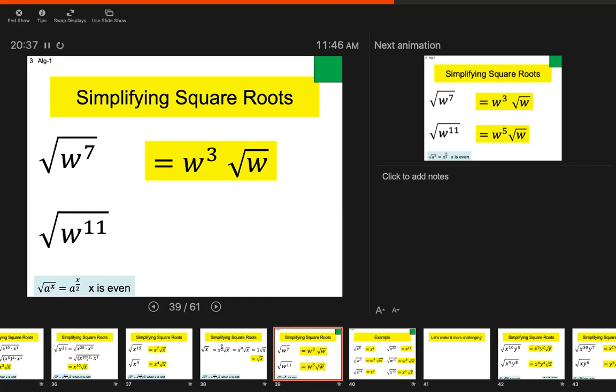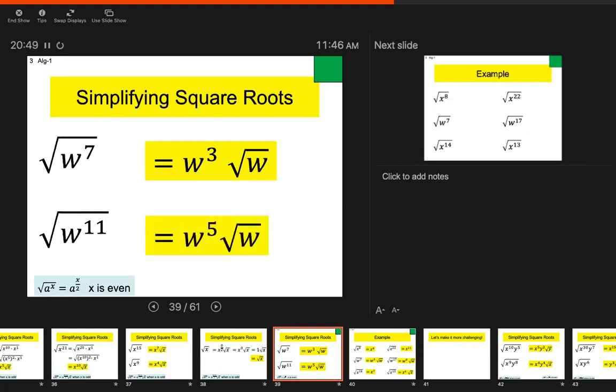So that's why 3 is on the outside and W is on the inside. We do the same thing with 11. 11 is odd. We subtract 1 from 11, that gives us a 10. Half of 10 is 5, so 5 on the outside.